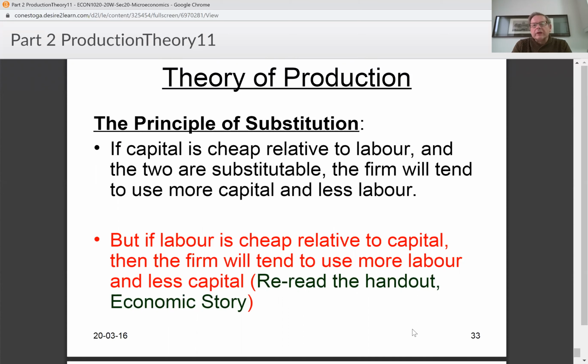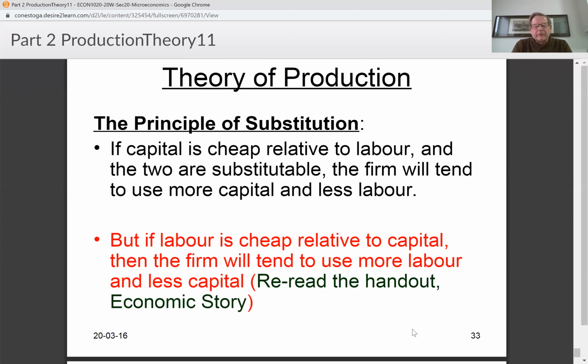Today, when you go to City Hall, the parking attendant has been substituted by a computer. You press the button, you get your chit, and then when you leave, you put the chit back into the machine, and the machine will tell you how much you pay. You put in your credit card or your debit card, and then the gate goes up and you leave. That's the principle of substitution.